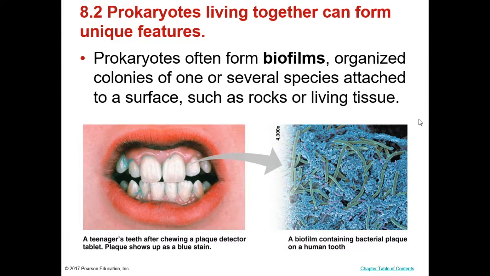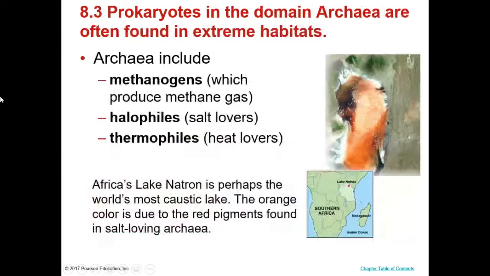As mentioned, prokaryotes can form biofilms by the use of their capsules, which allow them to stick together. Biofilms are very thin layers of bacteria that form on tissues, on objects, on surfaces, and so on.